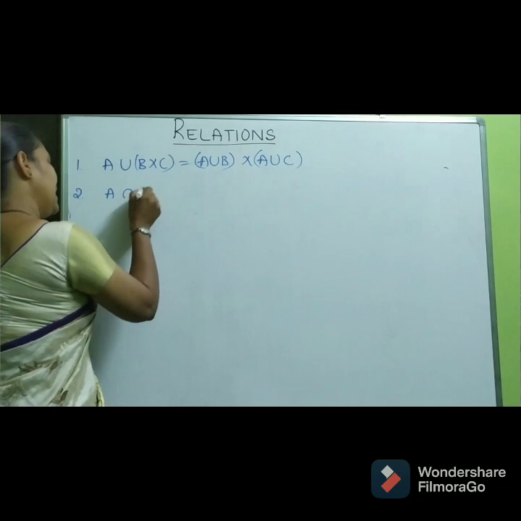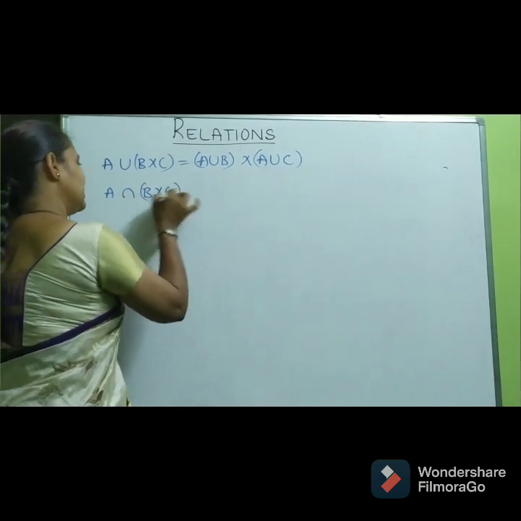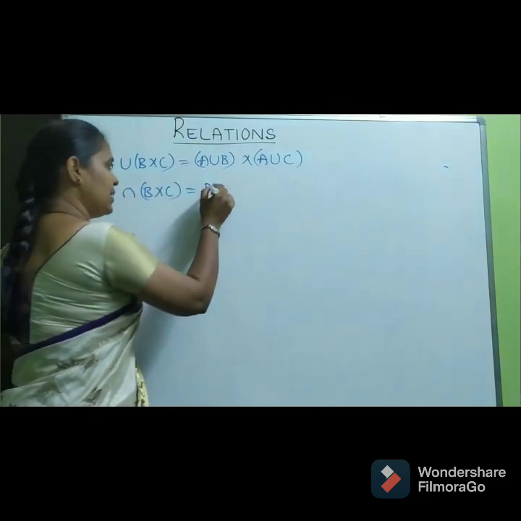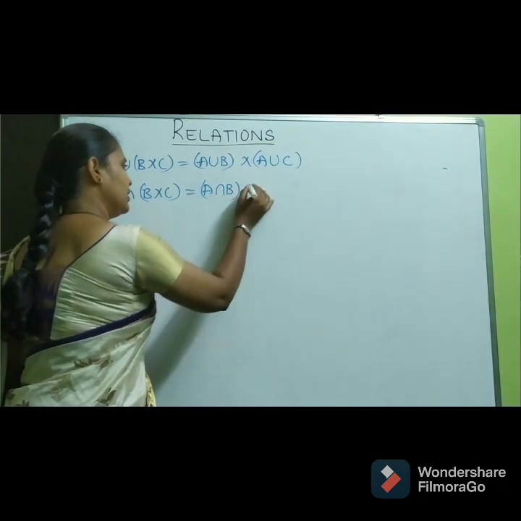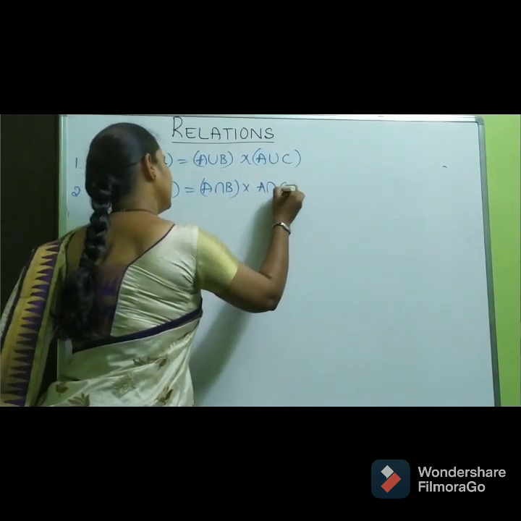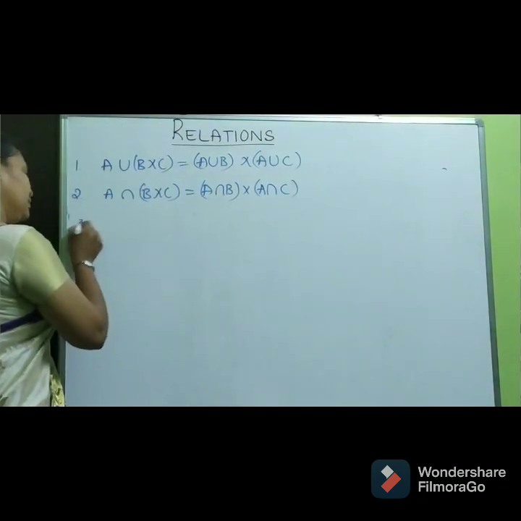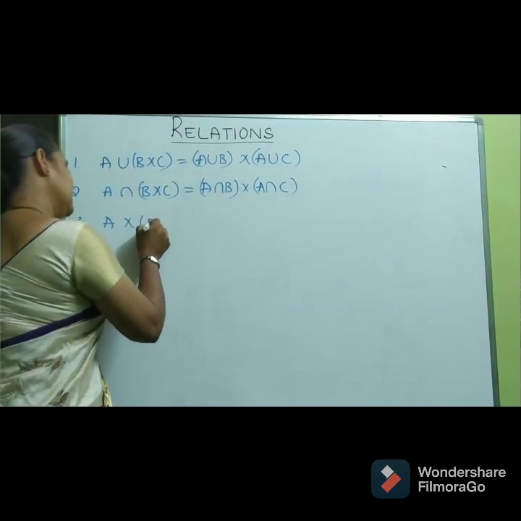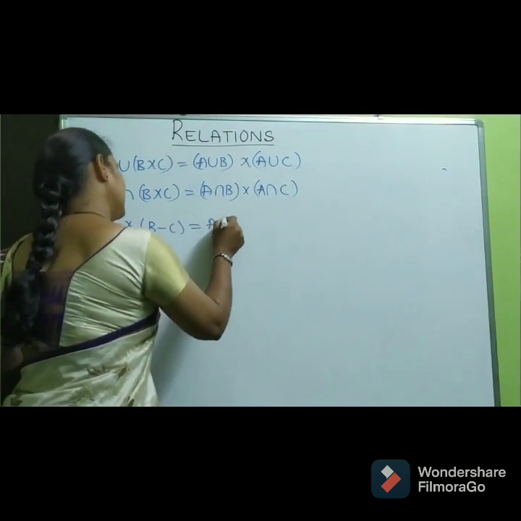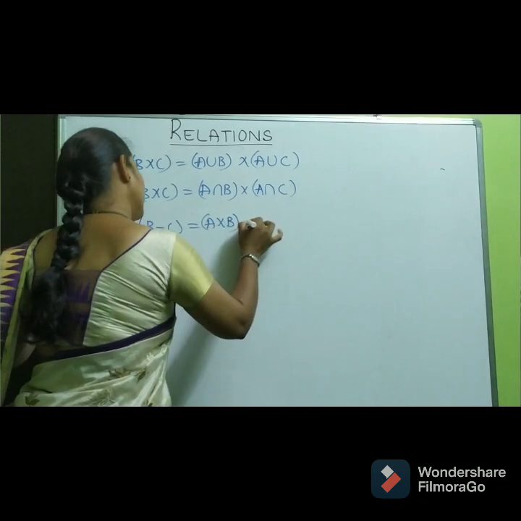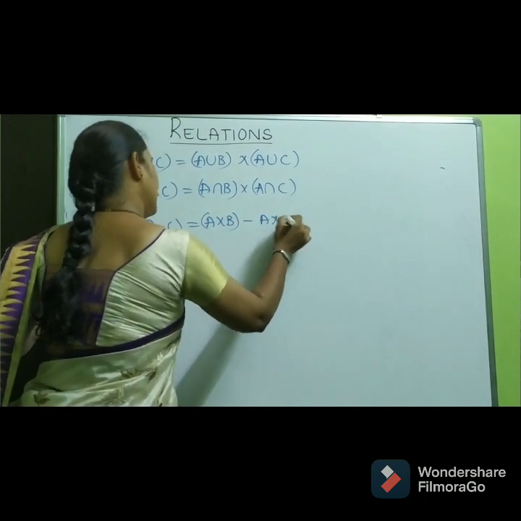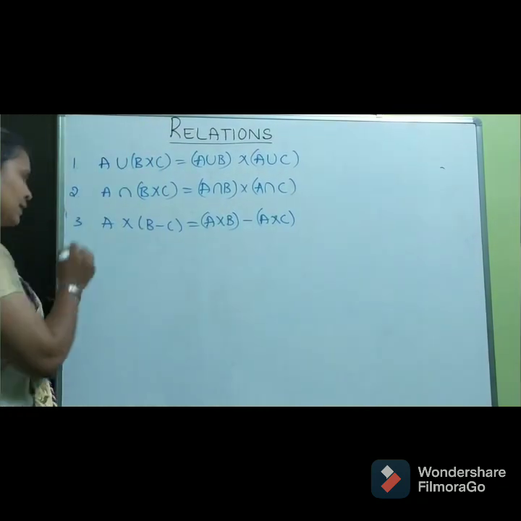Second, A cross (B intersection C) is equal to (A cross B) intersection (A cross C). A cross (B minus C) is (A cross B) minus (A cross C).